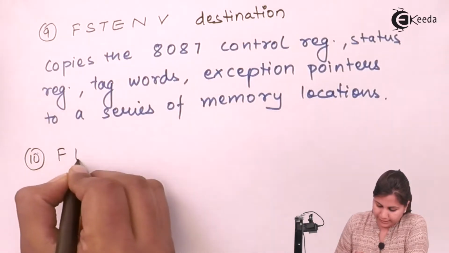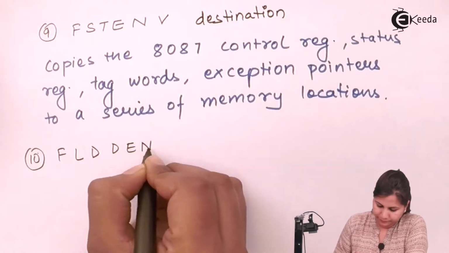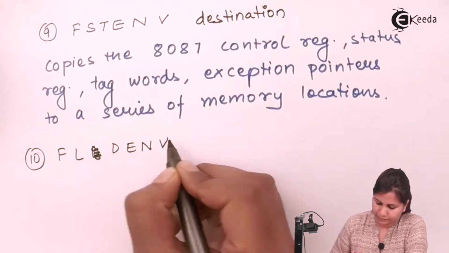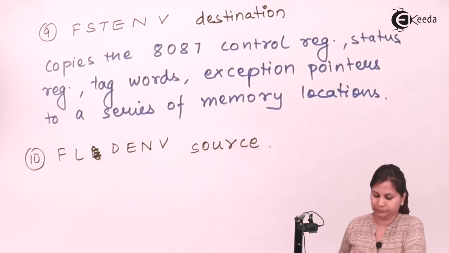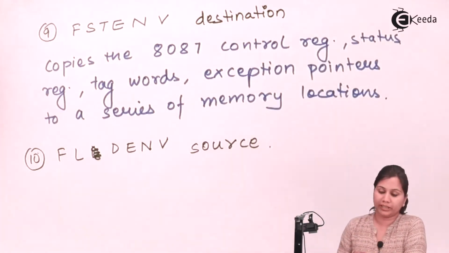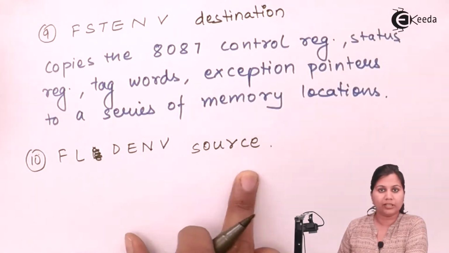Next instruction is FLDENV source. Earlier the data was copied. Now if you want to retrieve it, we can use the instruction FLDENV source.